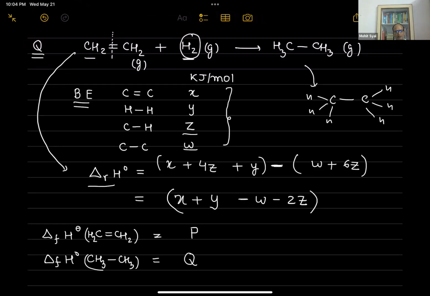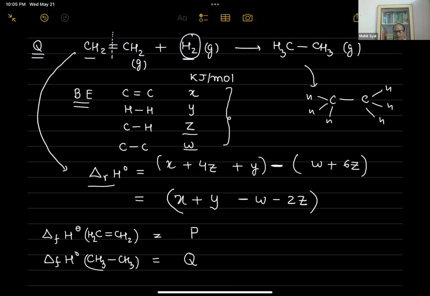Is it given to us? If it is not given, what will be the value? Zero. The standard enthalpy of formation of pure elements is taken to be 0.